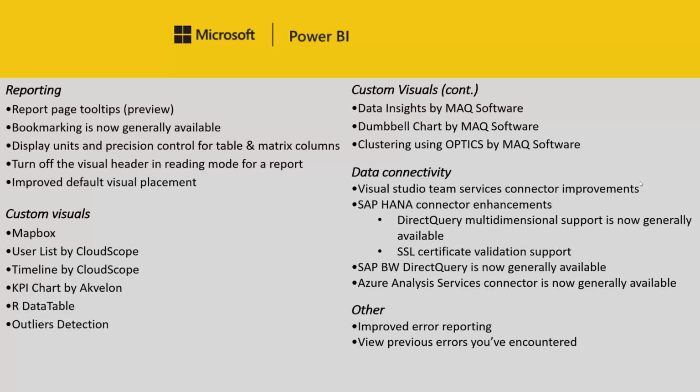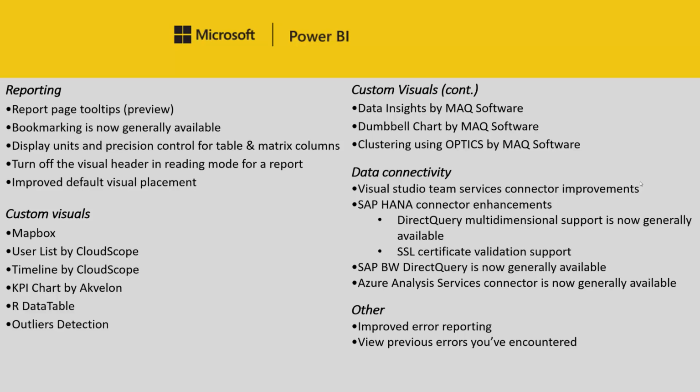Next on our list is the data connectivity section. The first improvement we have here is some major improvements to our Visual Studio Team Services connector. Our previous connector was pulling data from the VSTS operational data, and it was resulting in a not optimal experience.